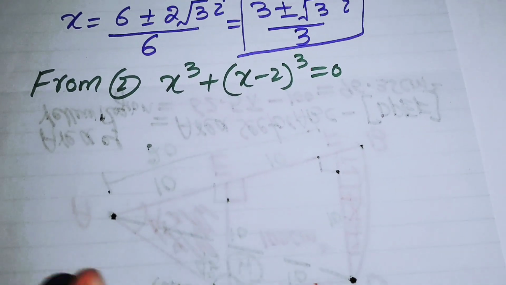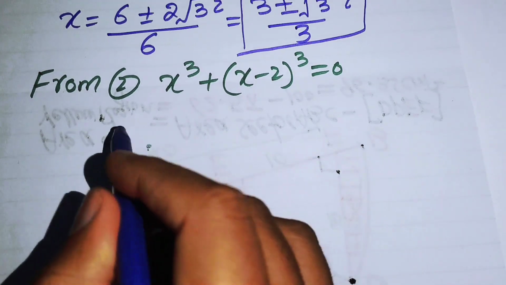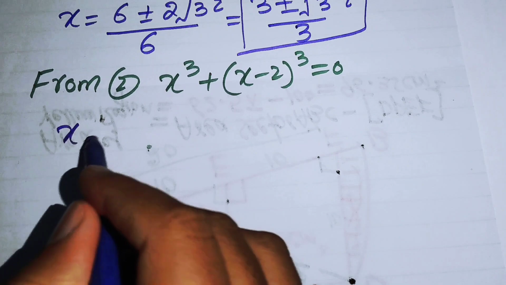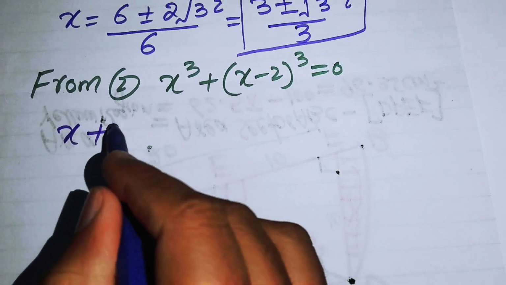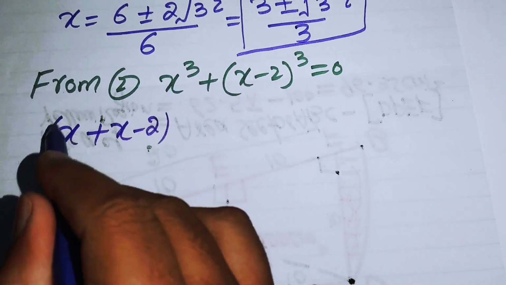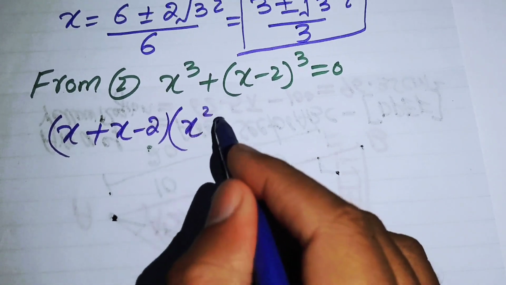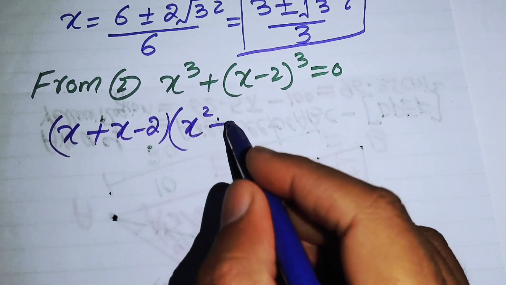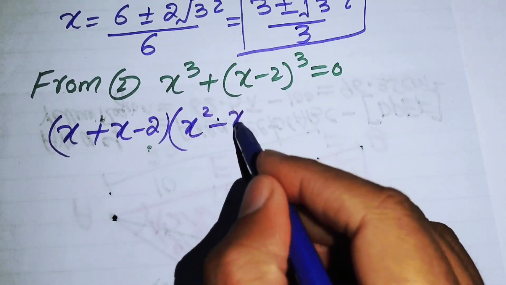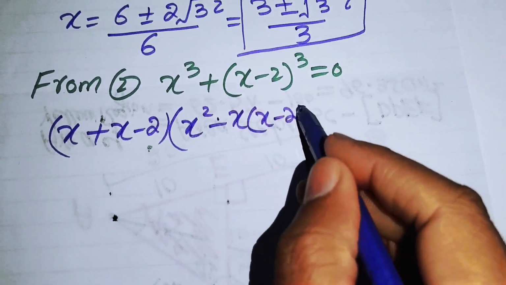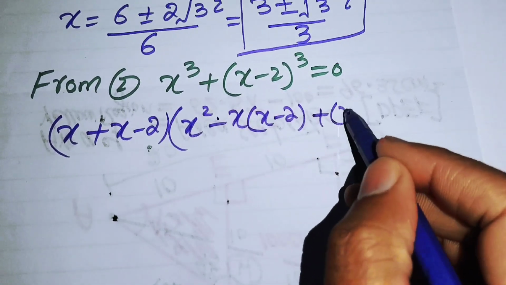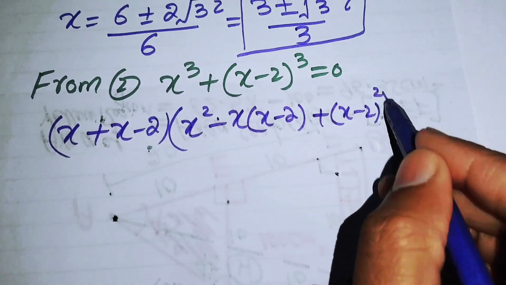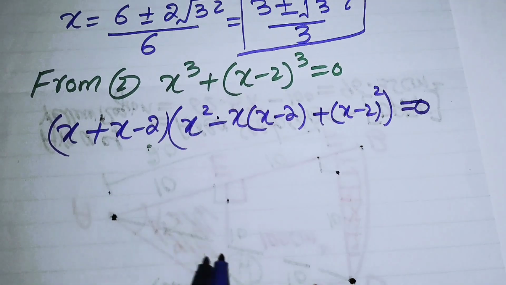Here we can again use the cubic formula and solve this equation. The cubic formula is a plus b into a squared minus ab plus b squared. Our a is x and b is 2, and plus b squared, so our b is x minus 2 squared, and this whole equals 0.